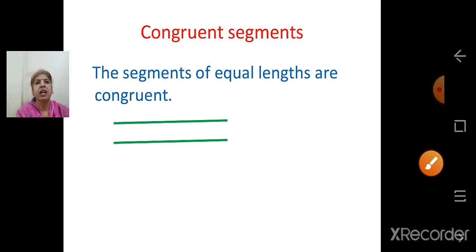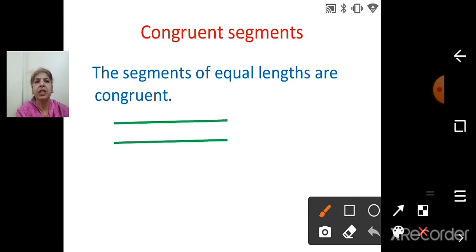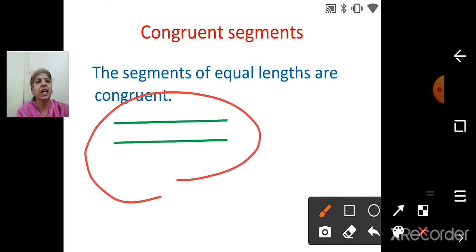Now, congruent segments. When we say the segments are congruent, the segments of equal lengths are congruent. So when the length of the segments is equal, we say they are congruent segments. So for segments, you should have equal lengths. So given these segments, they are congruent.